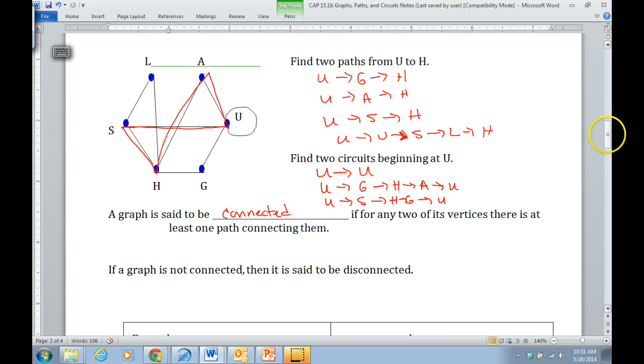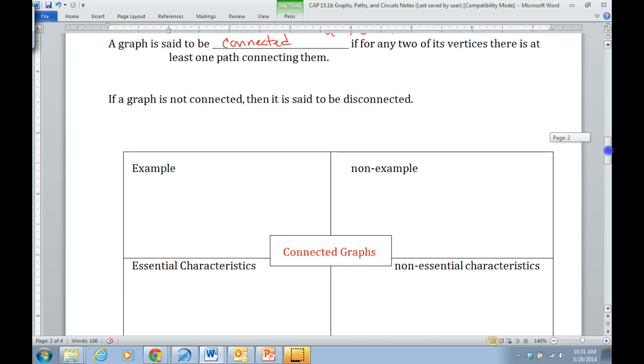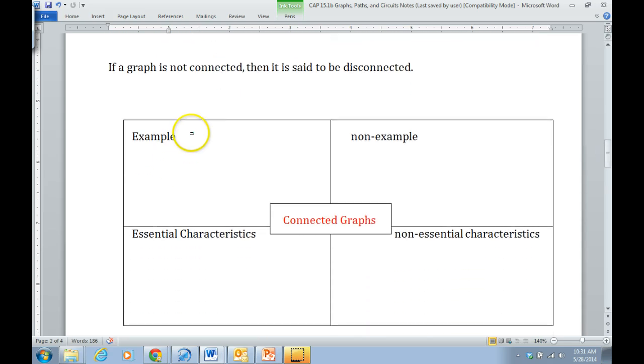Or if you have what looks like two islands, it's not connected. So an example of this is if I have the following graph. Here's all my vertices. And you notice that every single vertex has an edge attached to it in some way. You might have more than one edge even.